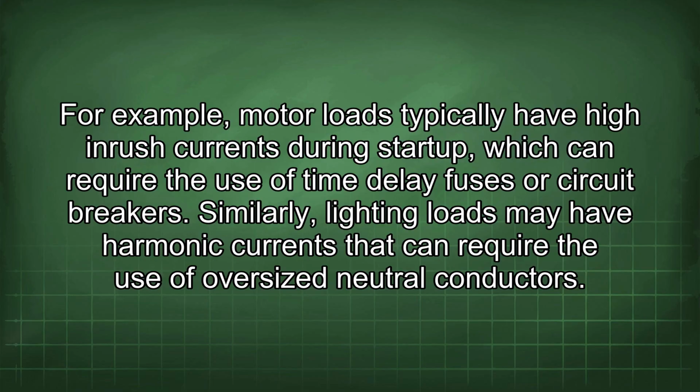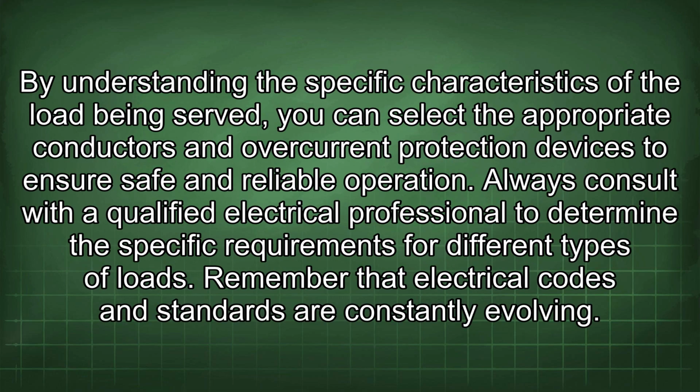Similarly, lighting loads may have harmonic currents that can require the use of oversized neutral conductors. By understanding the specific characteristics of the load being served, you can select the appropriate conductors and overcurrent protection devices to ensure safe and reliable operation. Always consult with a qualified electrical professional to determine the specific requirements for different types of loads.